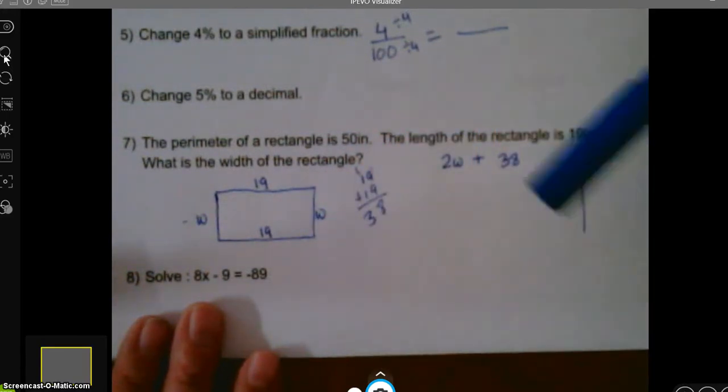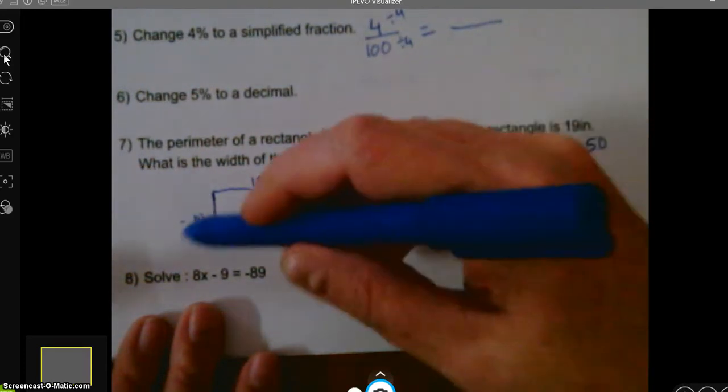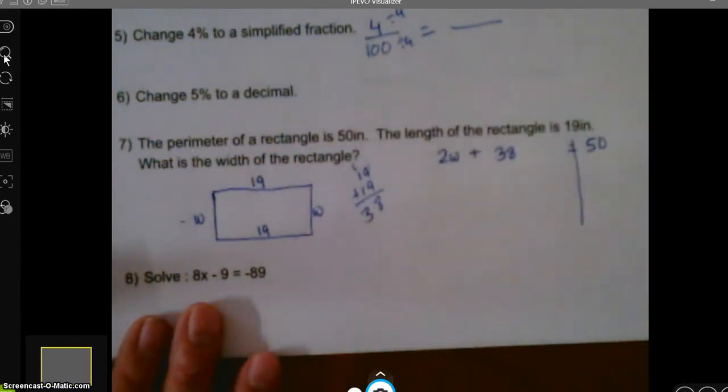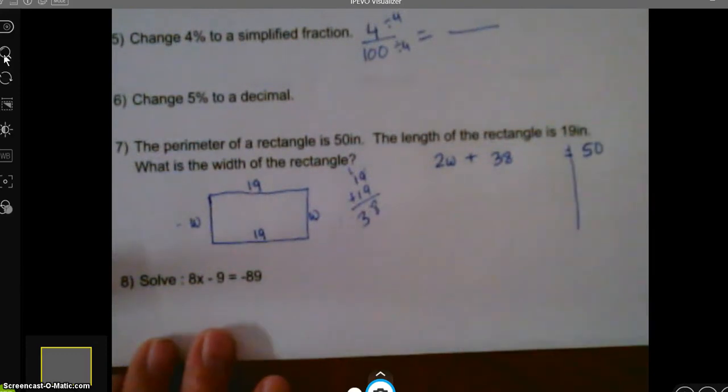Okay, now when you go to solve this, you will have your answer. And whatever you get for W, you can plug it back in here and re-add the sides, and you should get 50 if you did it correctly. Okay? So I'm going to stop. I'm going to let you finish this up because I think you can, and then we're going to look at number 8.